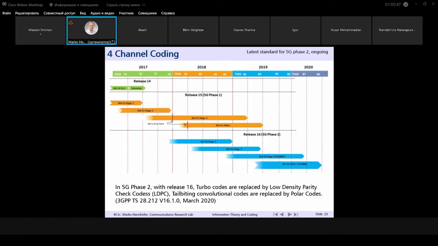And after that, you would apply our encoder, right in between the source coder, where we have the bits that should be transmitted, and the modulator.